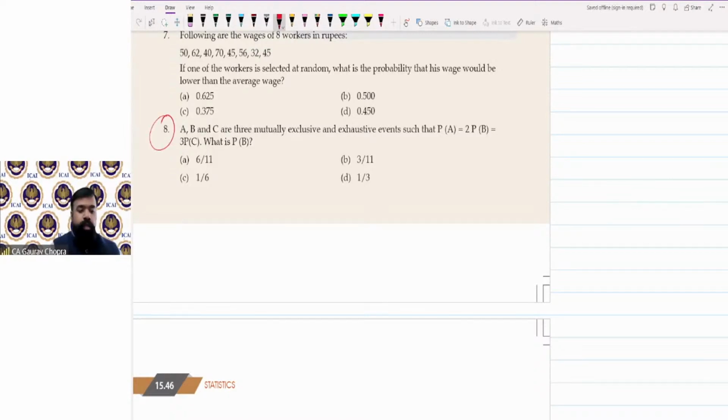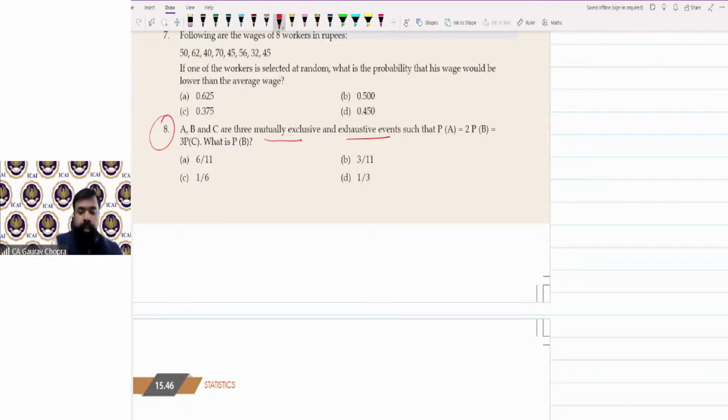This you can try. A, B, and C are 3 mutually exclusive and exhaustive events. Then what is the probability of B? Since they are exhaustive, their total will be equal to 1. Also, they are mutually exclusive, so only one will occur at a time.